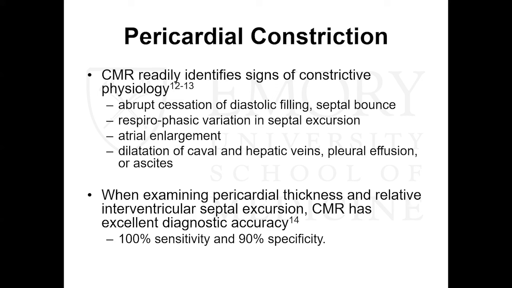That was 100% sensitivity and 90% specificity, which really provides a lot of valuable information whenever we have a patient whose echo findings might not be 100% convincing, and we don't want to put the patient through an invasive test.